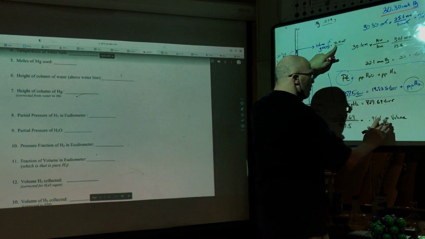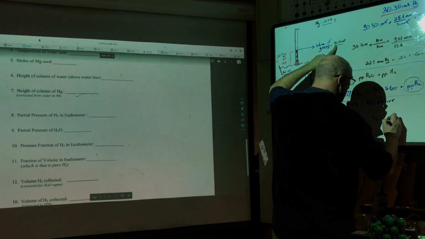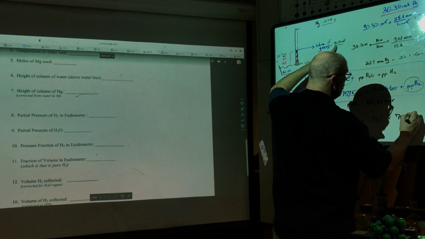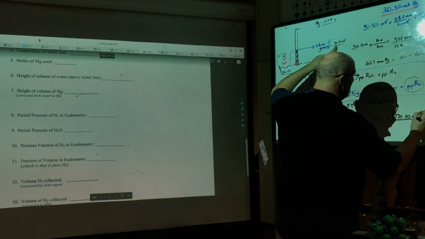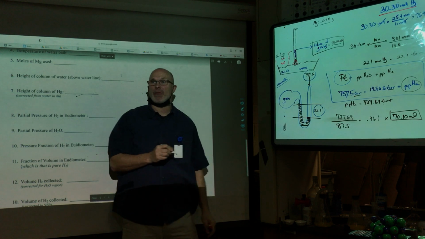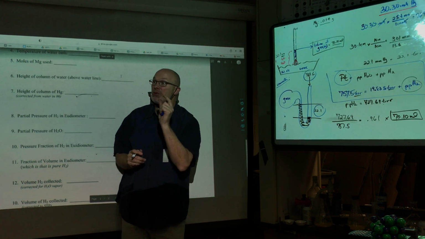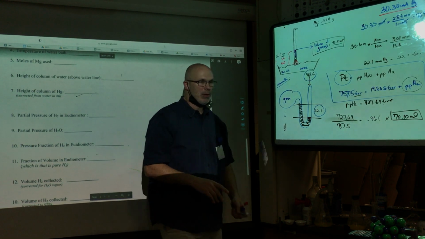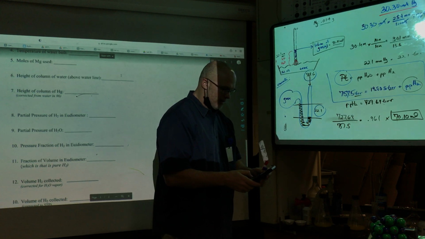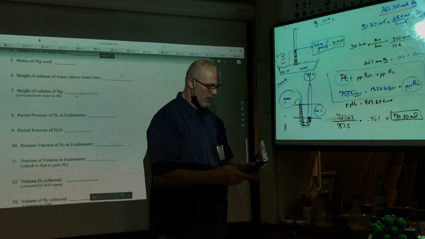So I take this volume fraction, and I'm going to multiply it by 70.10 milliliters. Don't forget what this is. This is the total volume of your gases. I want to find what the volume is due to the hydrogen. So I'm going to take my 0.961 times 70.10.